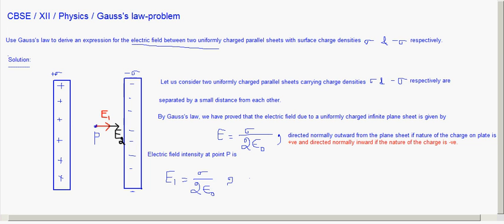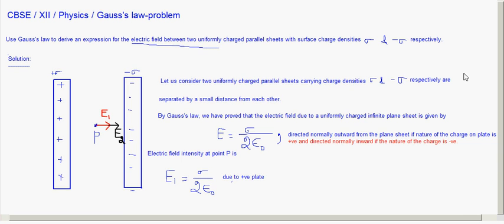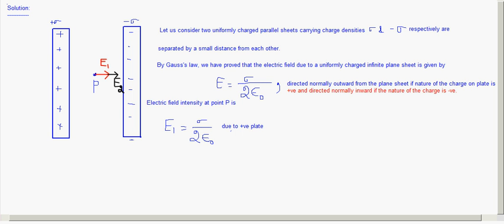So we can write here, this is due to the positive plate. Similarly, E2 is sigma by 2 epsilon naught due to the negative plate.